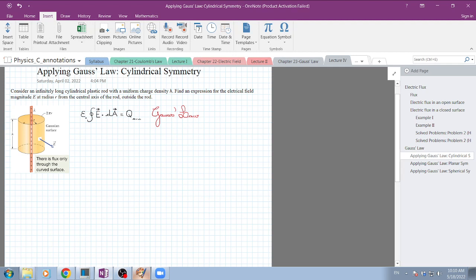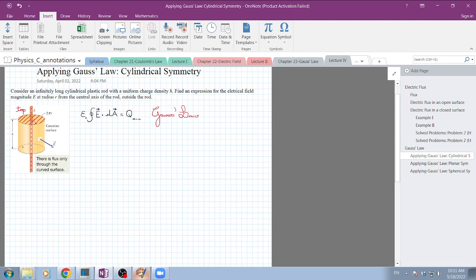We have three surfaces here, right, guys? The Gaussian surface is in orange in this illustration, and this particular Gaussian surface has three surfaces. We have this one that I'm highlighting, which is the top surface.